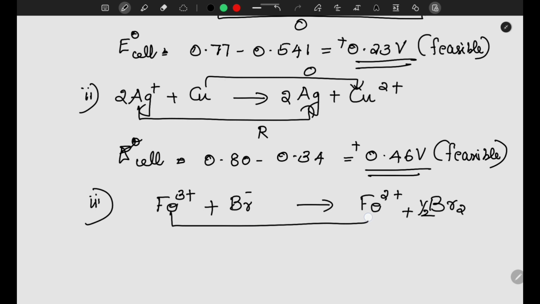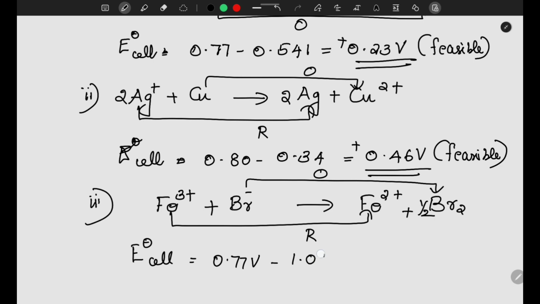Fe3+ to Fe2+ is the reduction, Br- to Br2 is oxidation. So E° cell is equal to the reduction potential of iron, 0.77 volt, minus bromine, 1.09. We will get negative 0.32 volt. So this value is negative, so not feasible. This is not feasible.